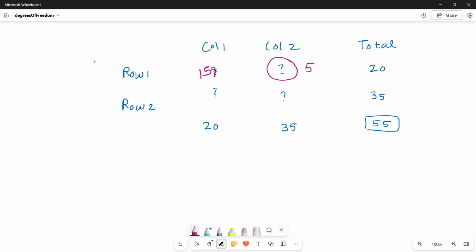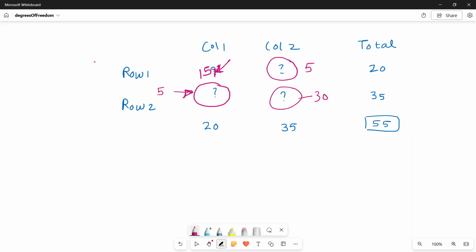The answer is no. When I write the count 15 over here, this quantity is automatically fulfilled. Similarly, the quantity over here is also filled up. There is no other choice but to fill 5 over here. And once I have a 5 over here, do I have any other choice other than filling the value 30 over here?